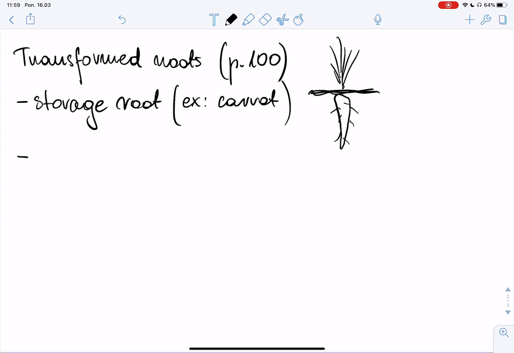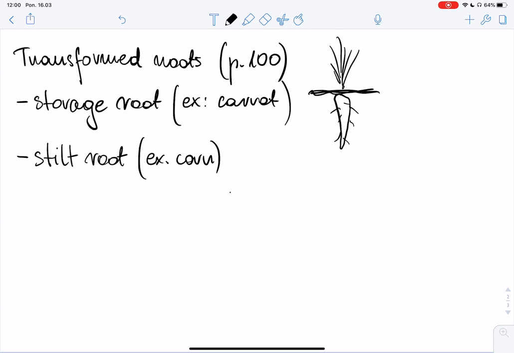And guys, the one that corn has developed is called the stilt root. Stilt root. Korzeń podporowy. And guys, example is of course corn.